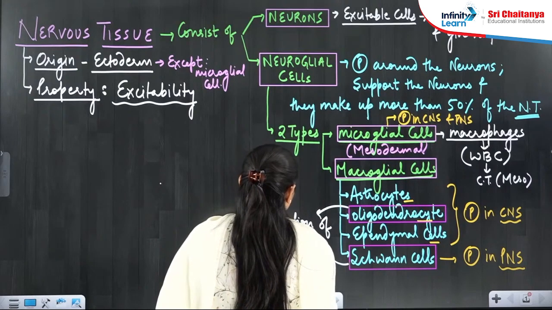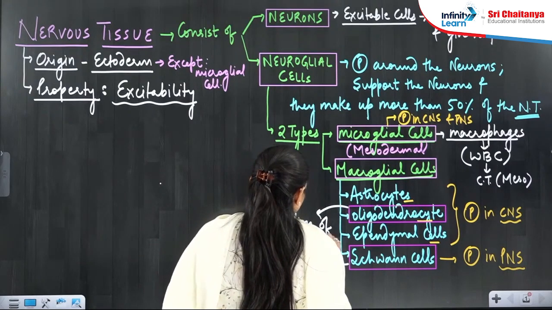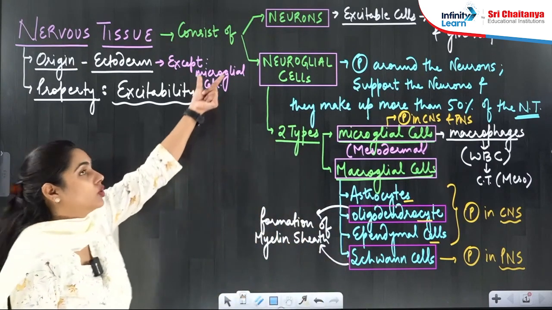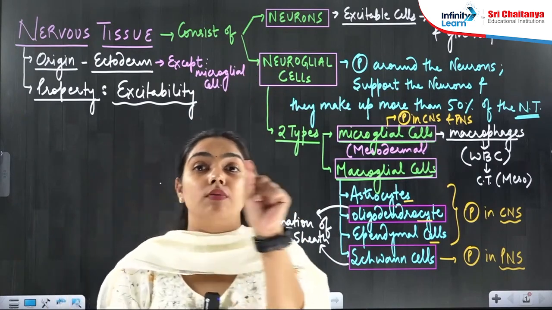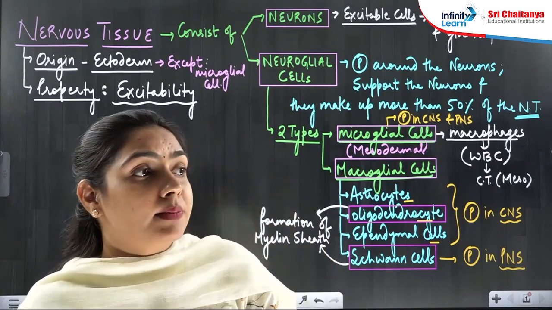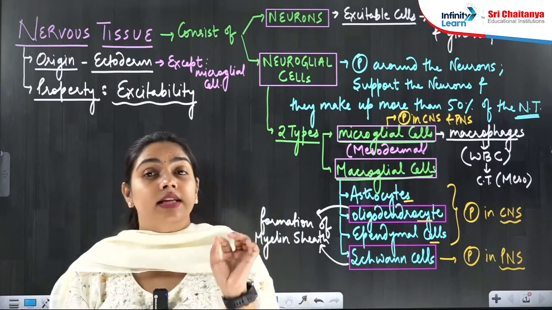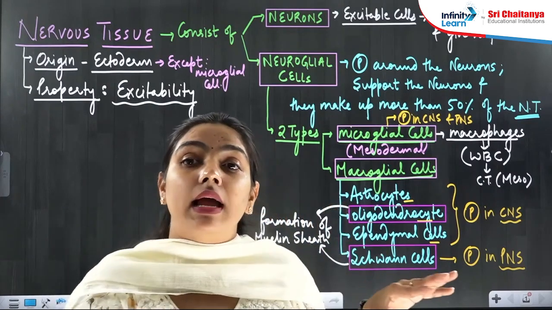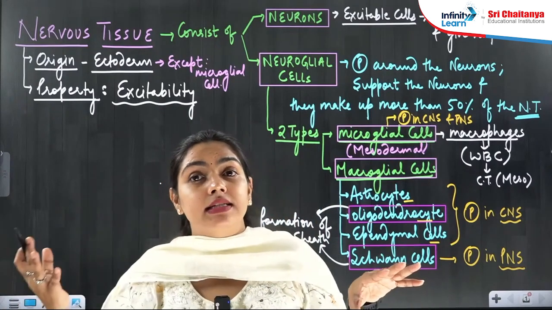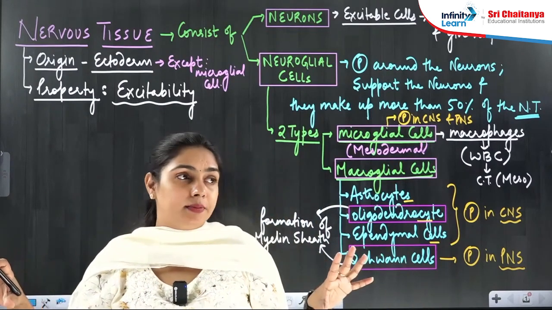Do you know what a myelin sheath is? I will discuss the structure of neuron with you, and there I will tell you what a myelin sheath is. Sometimes the myelin sheath is there, sometimes it is not. When it is present, the neuron is myelinated. When it is not present, the neuron is unmyelinated.